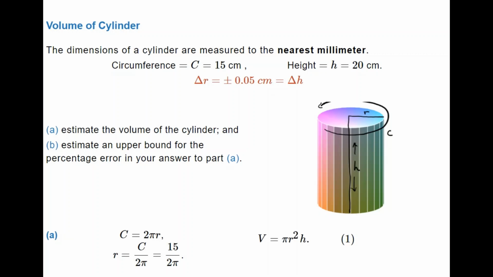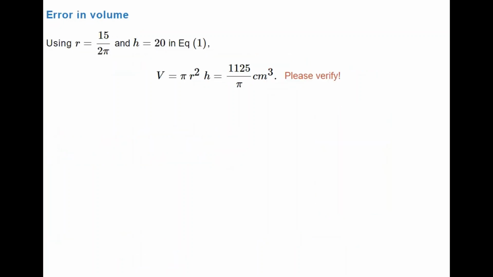And the volume can be measured by pi times R squared times H, and using R to be C on 2 pi, we come down to the expression for volume to be 1125 on pi cubic centimeters, using R as 15 on 2 pi and H as 20 to be given. Now you might note that we are keeping pi as it is in the value of V, instead of writing it in decimal fraction. We are doing it on purpose, that you will see later, and make your calculations easy.